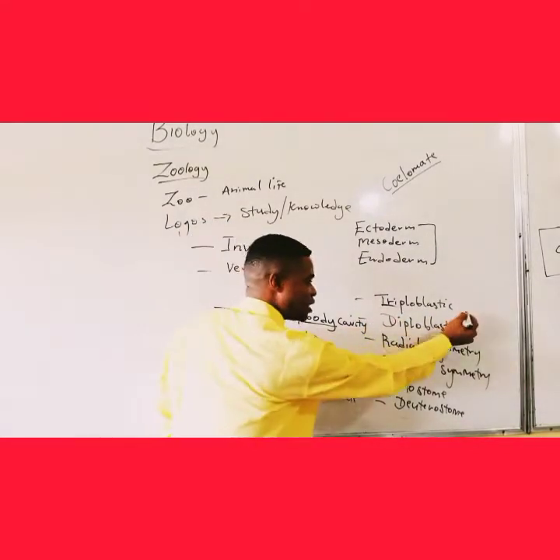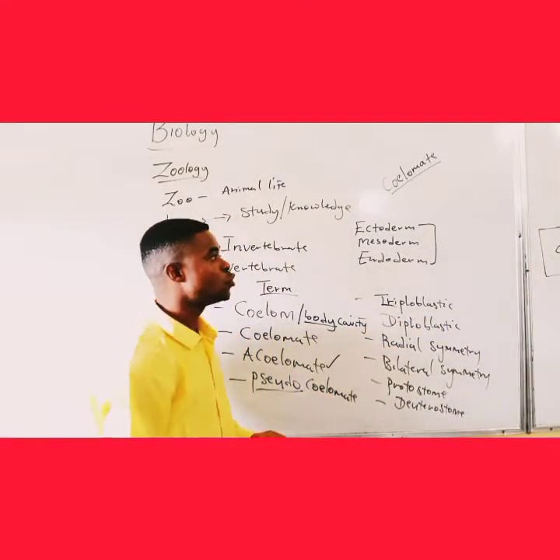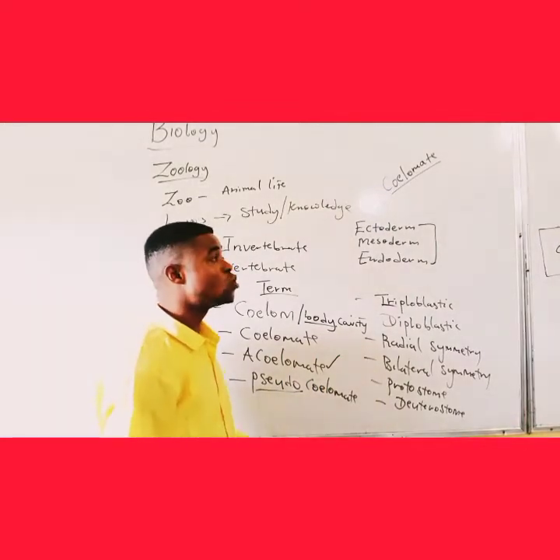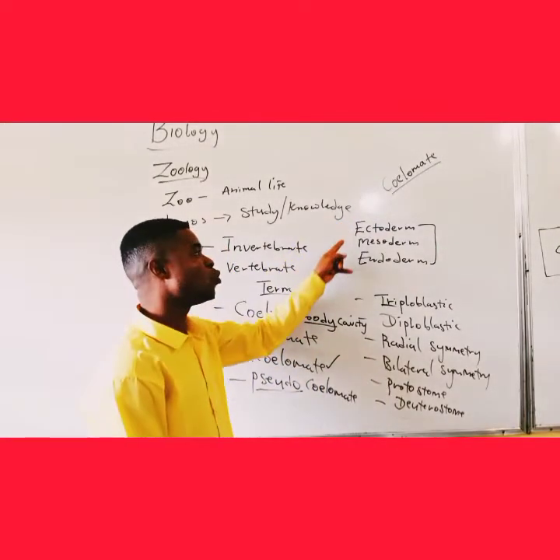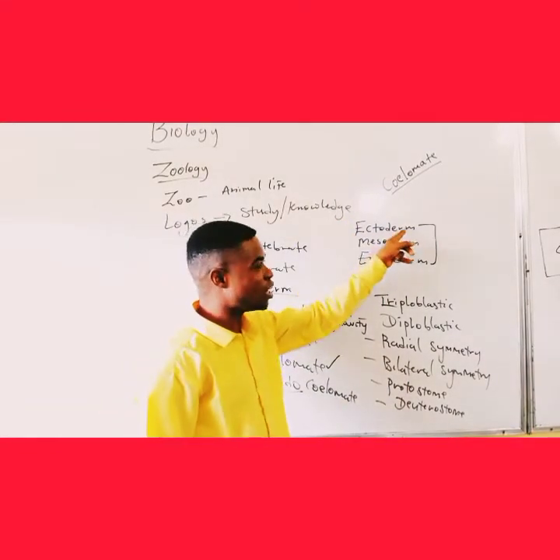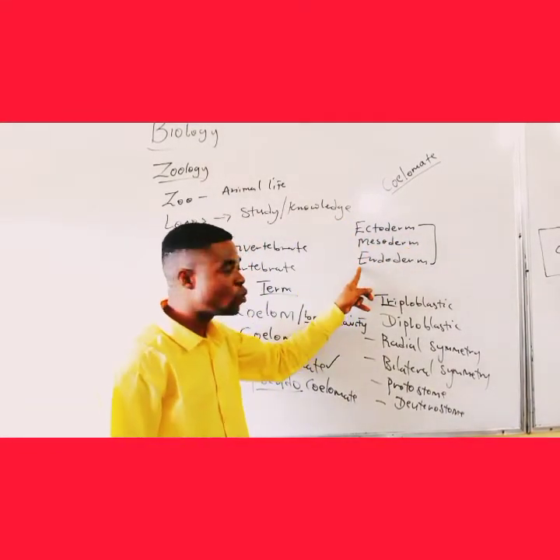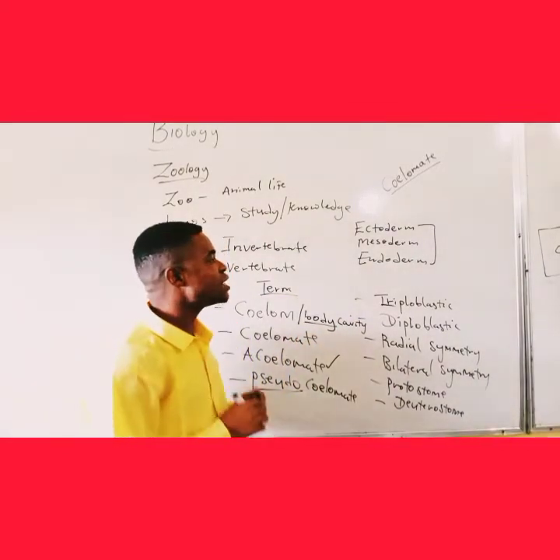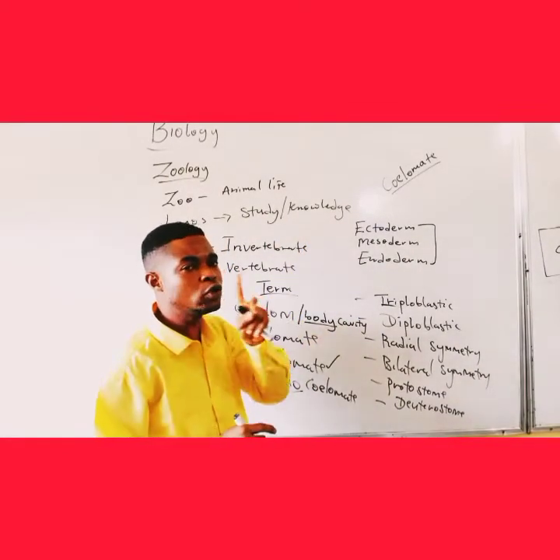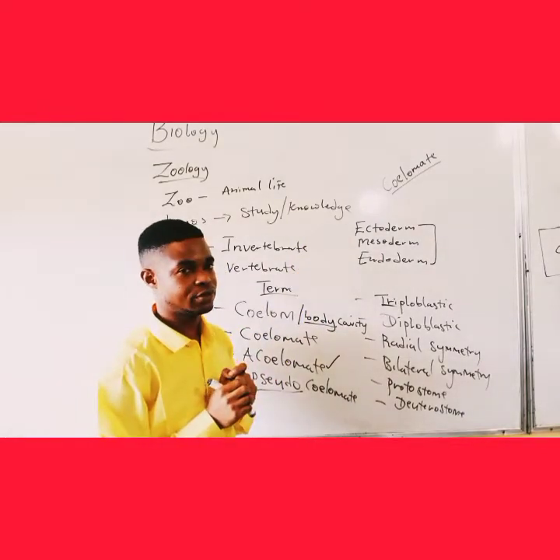So triploblastic animals are animals whose embryo possesses three germ layers, which are the ectoderm, mesoderm, and what? The endoderm.